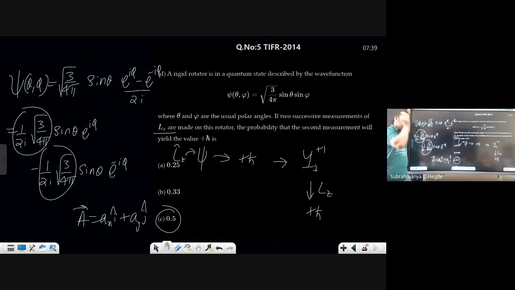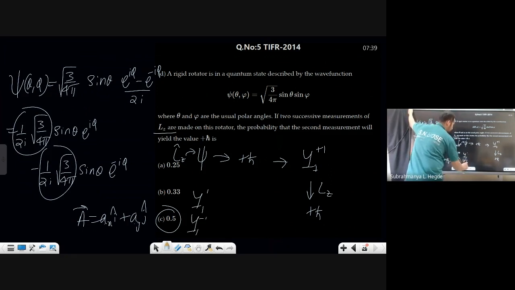One more thing you observe: the normalization factors of Y11 and Y1 minus 1 may differ by one negative sign, but the mod square is the same. So when you put Y11 and Y1 minus 1 here, the weightages, meaning their coefficients, are the same. After normalization, 1 by root 2, 1 by root 2, maybe a minus sign, but the weightages are the same.